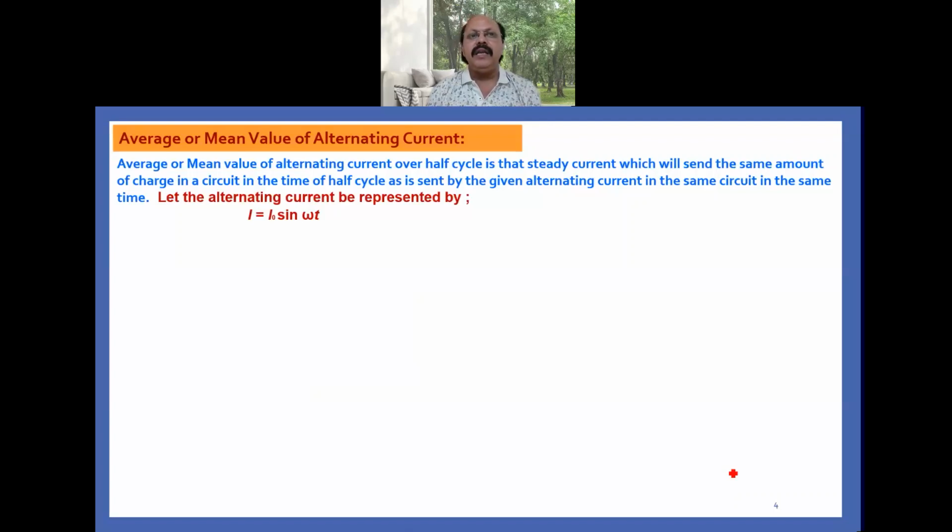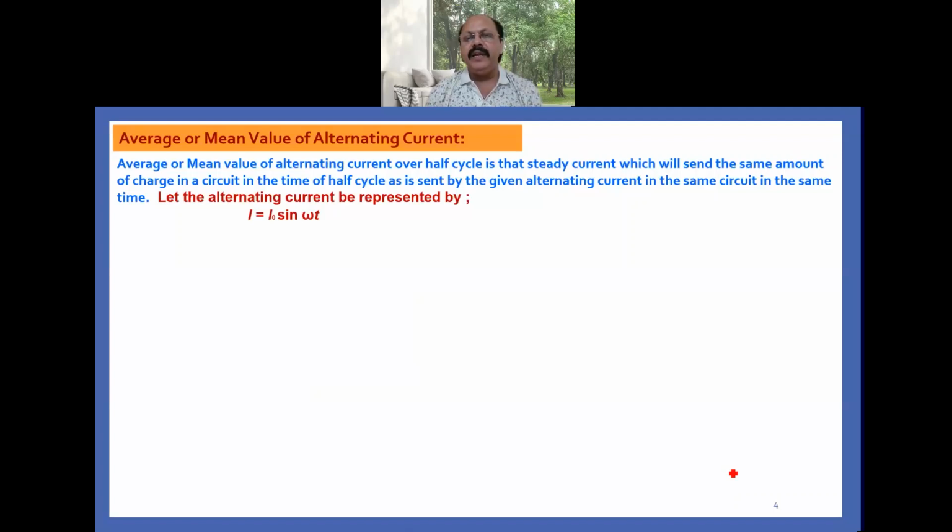Alternating EMF and alternating current have two halves, one is positive, another one is negative. So when we take the complete cycle, then the average value of alternating EMF and alternating current becomes zero. So that's why we always calculate average or mean value of alternating current over the half cycle.